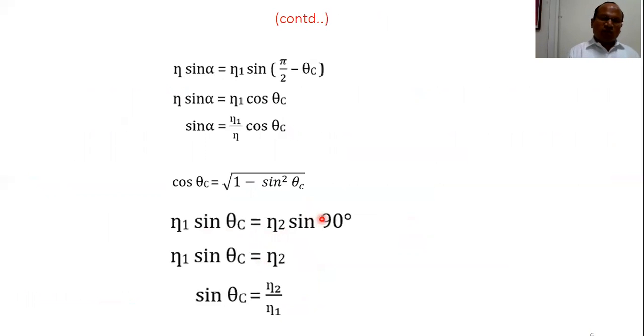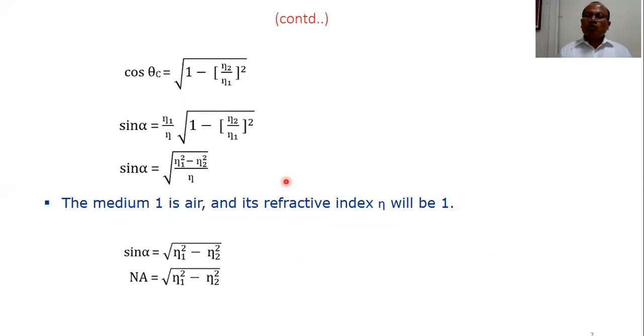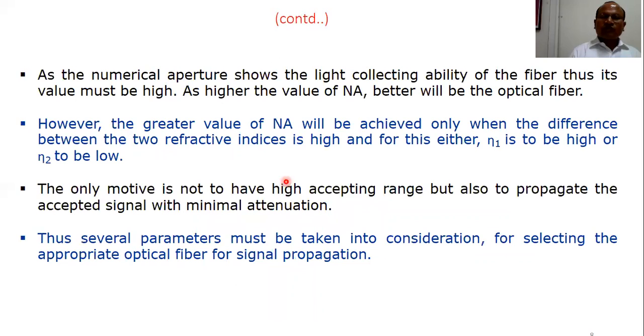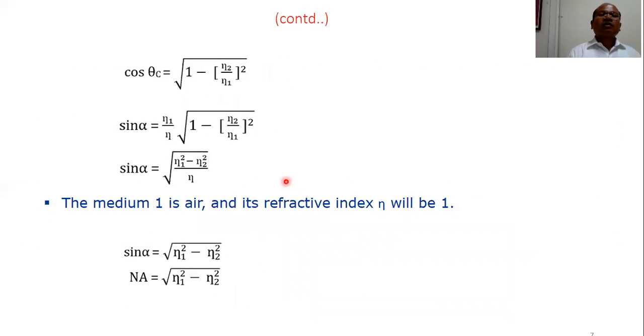So what is the value of sine theta c? Sine theta c can be written as n2 by n1. And when we substitute here, it becomes 1 minus (n2 by n1) square. Look here carefully, that is cosine theta c is square root of 1 minus (n2 by n1) square.